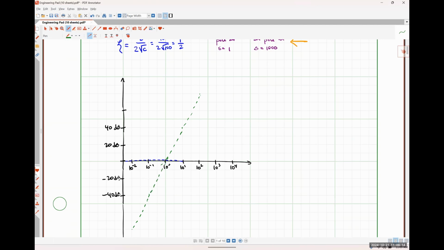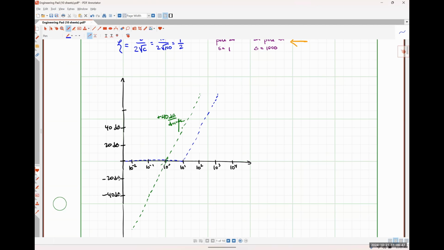So just to be clear here, this guy has a slope of plus 40 dB per decade because it's a twice repeated 0. Then our complex conjugate is going to have a slope of 40 dB per decade, because it's effectively a repeated 0 as well.